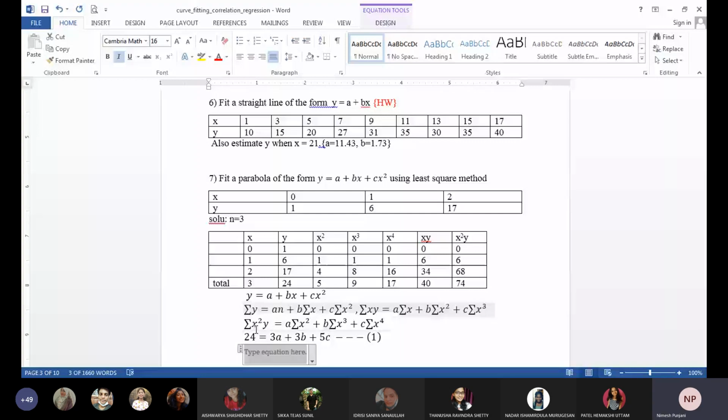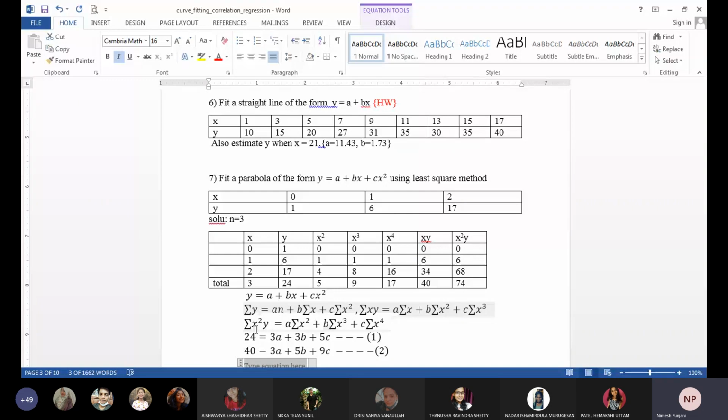Summation xy is 40, a into summation x, b into summation x square. This is the second equation which we get.